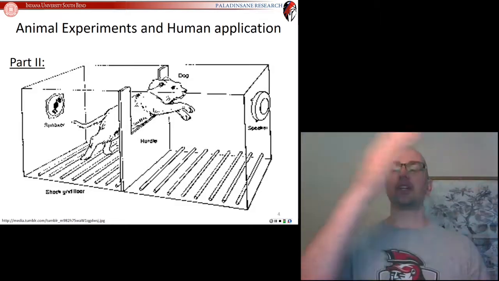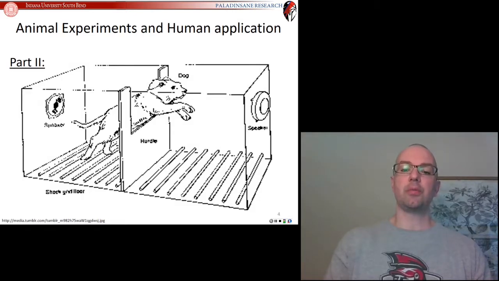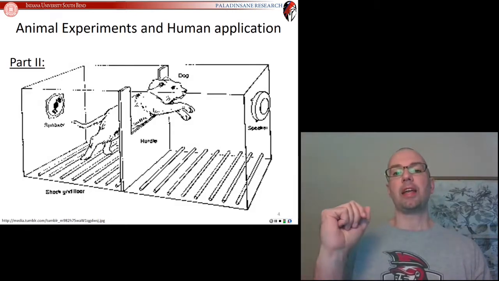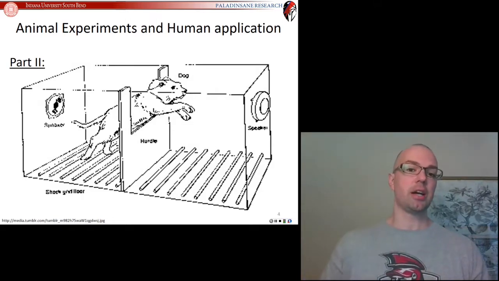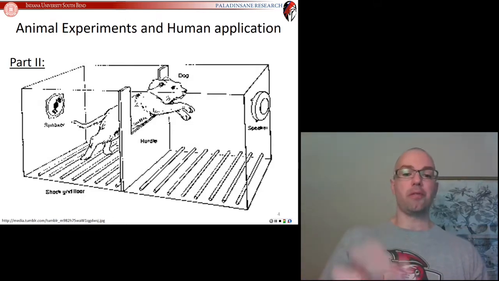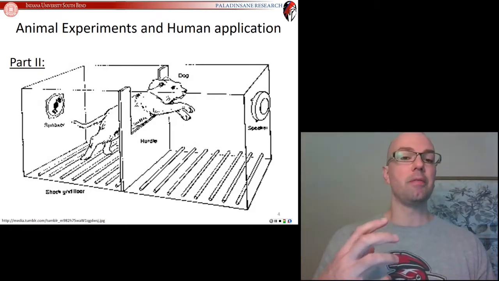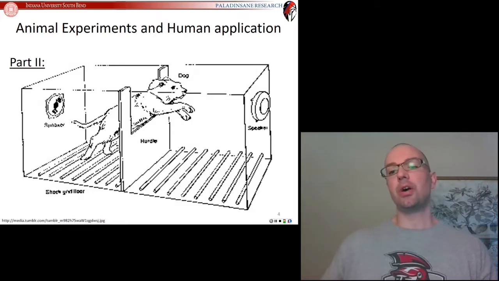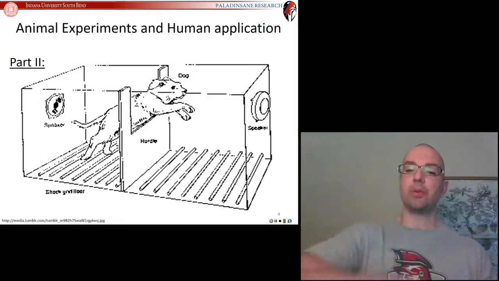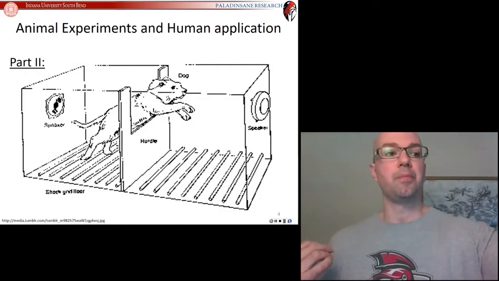And then the dog could escape that shock by jumping over to the other side where the floor was not being shocked. And if the dog could learn the association between the tone and the shock, then the dog could go from escaping the shock while it was occurring to actually completely avoiding the shock, using the tone as a signal, so that they would then jump over to the other side and they wouldn't be shocked at all.